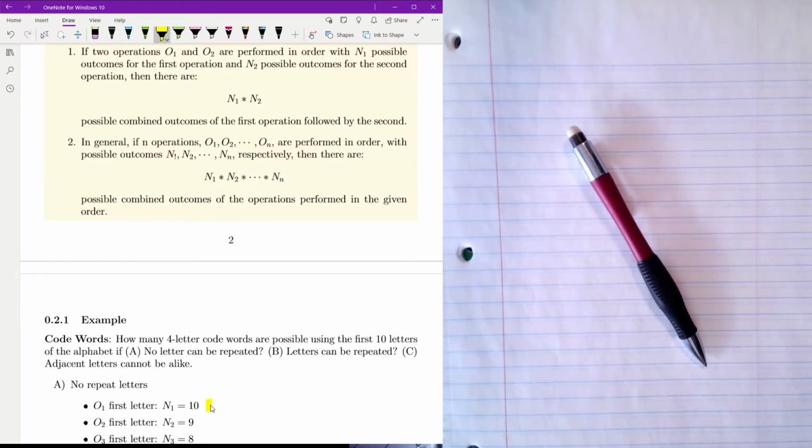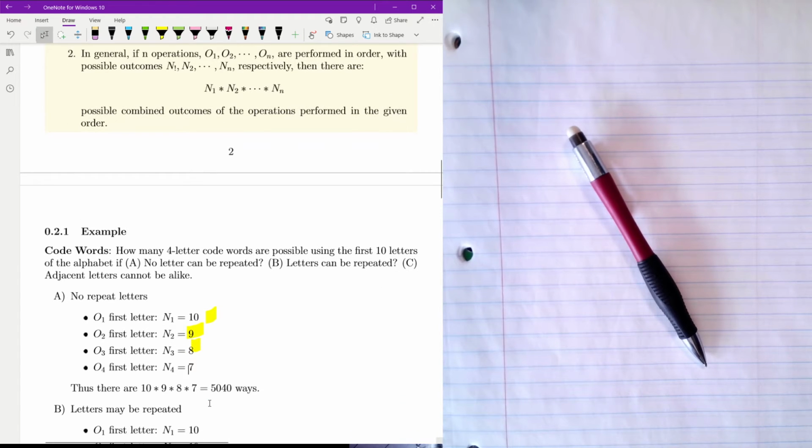And then you remove that as a possibility, which means that for the next time, there's 9 possibilities, then 8 possibilities, and then 7 possibilities, which gives us a total of 10 times 9 times 8 times 7. So there's 5,040 four-letter code words that are possible using the first 10 letters of the alphabet if no letter is repeated.